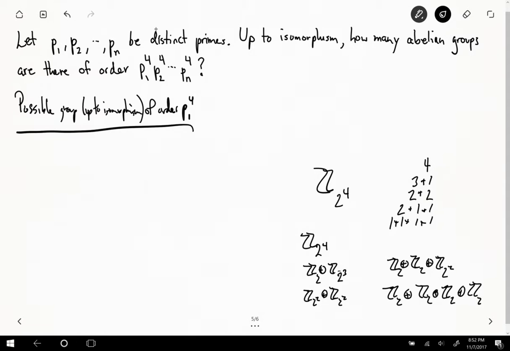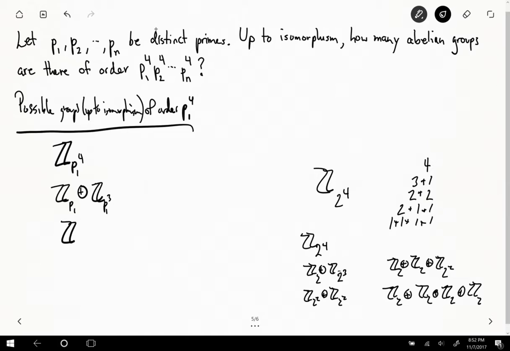So my question is, was there anything special about using 2 as our prime? Well, no. So the possible groups up to isomorphism of order p1 to the fourth: first one we have Z of p1 to the fourth. Second one, Z of p1 direct product with Z of p1 cubed.